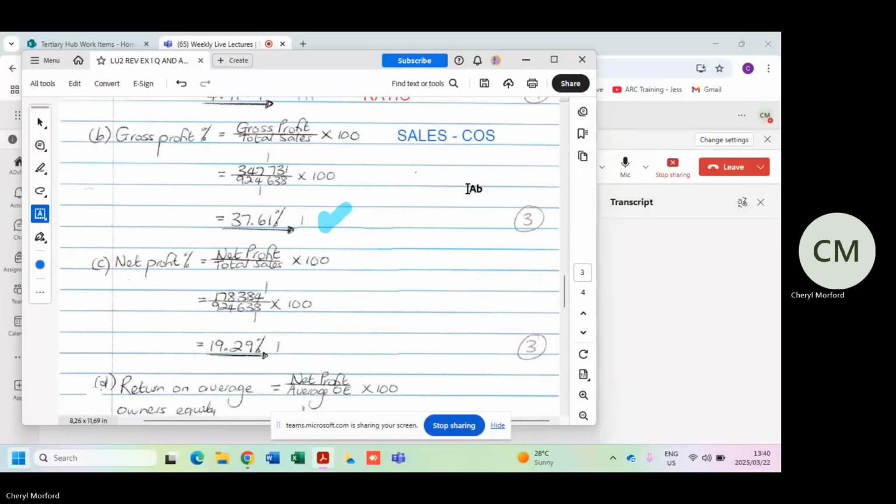Okay. Another thing that you could do is you need to remember the layout of the income statement.